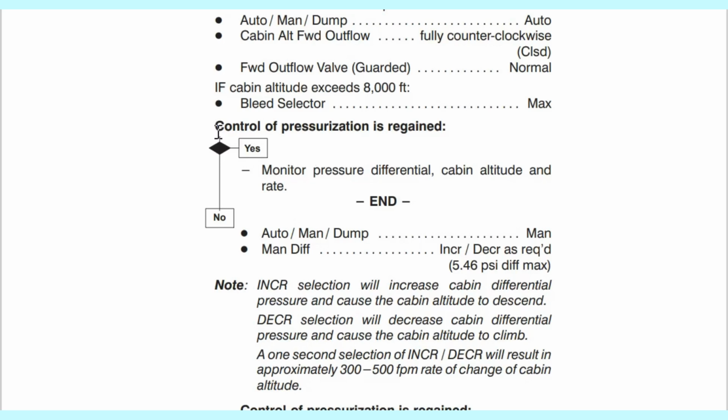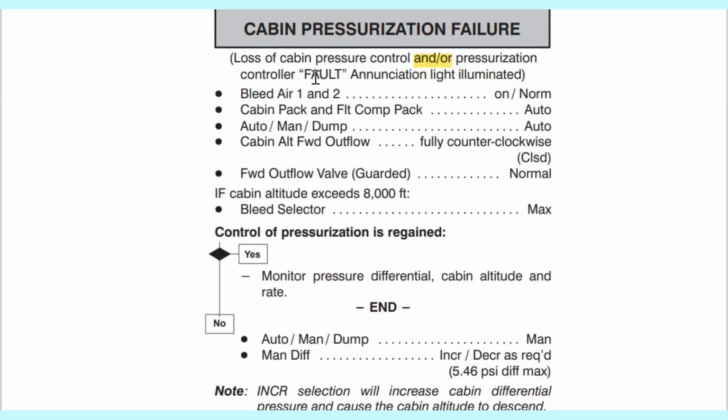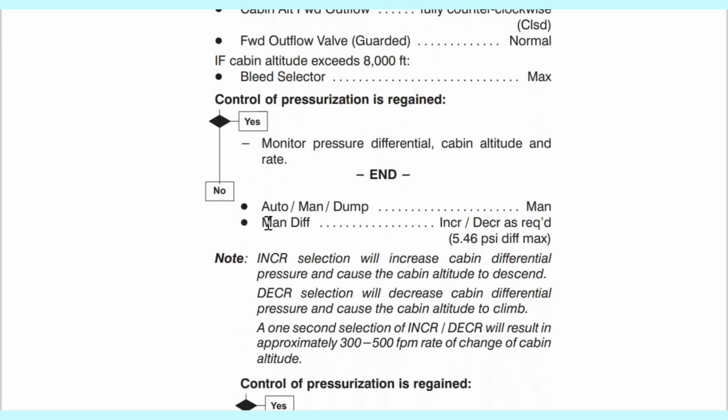So you go to your auto man dump, put it to manual, take the man diff little switch there, and then you increase or decrease it. The rule I personally like using is this: if the cabin altitude is increasing, you put the switch to increase. If the cabin altitude is decreasing, you put the switch to decrease. Why do you do that?